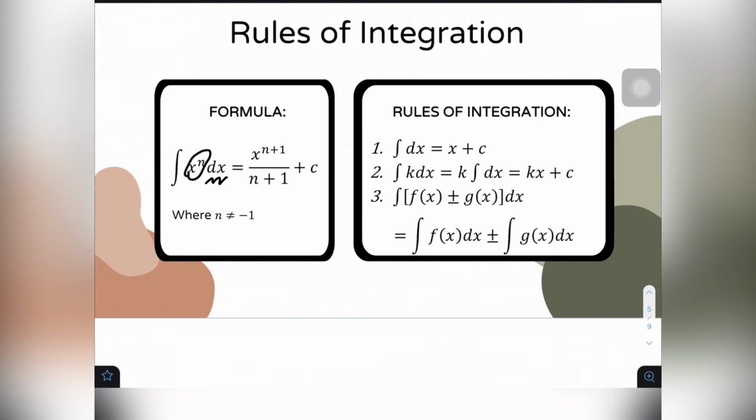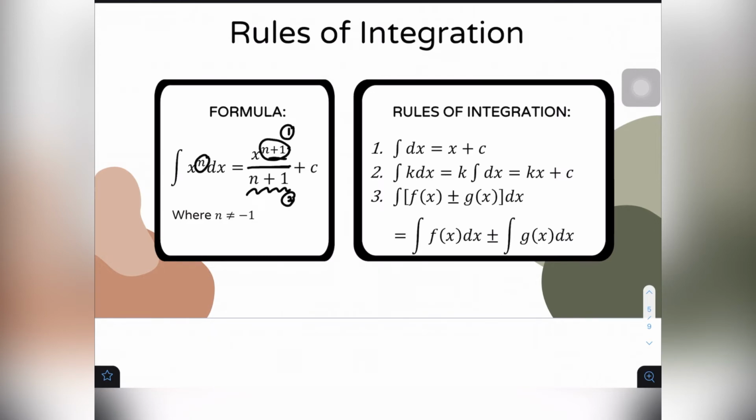So what to do when we want to do a process of integration? We have discussed before, where the first step is you need to plus the power of your x by 1. First step in integration. And the second step is you need to divide by the new power, which is n plus 1. This one is the new power. So this one is the second step.